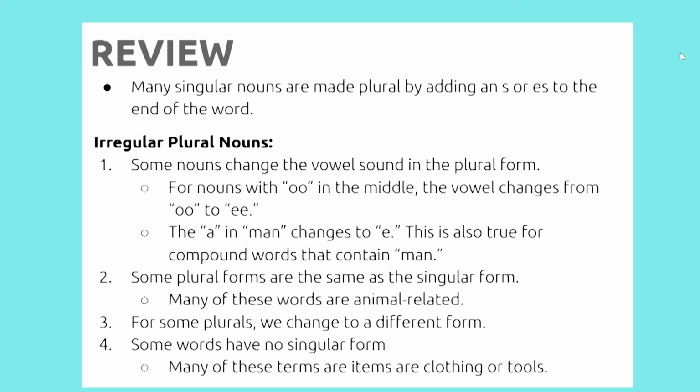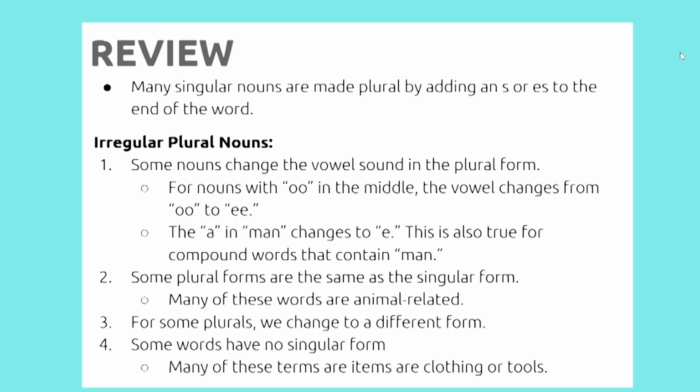So once again, remember whether the word ends in an SH, CH, S, Z, X, a vowel and a Y, a consonant and a Y, a consonant and an O. These are all going to help us be able to understand how to spell the plural form.